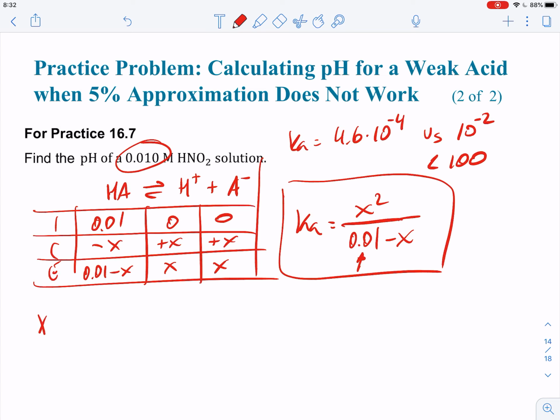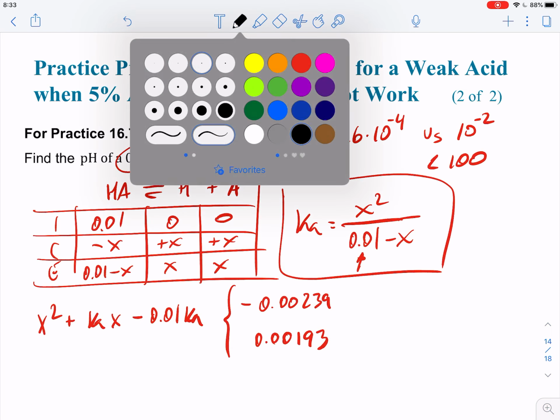Okay, so if we manipulate this expression, and I'm going to let you do that, you will end up with x squared plus Ka x minus 0.01 Ka. If you solve for this, you will obtain minus 0.00239 and 0.00193. Which one do you pick?